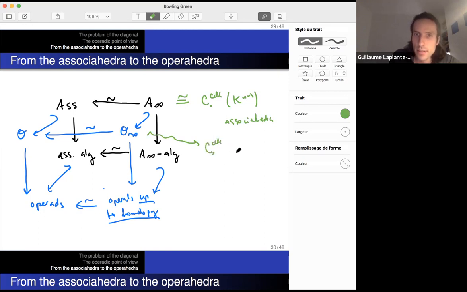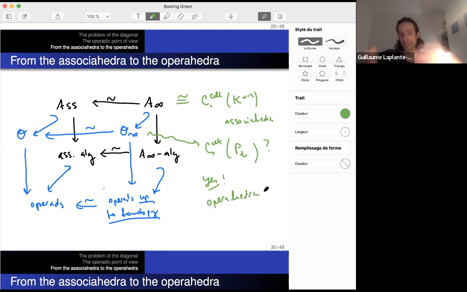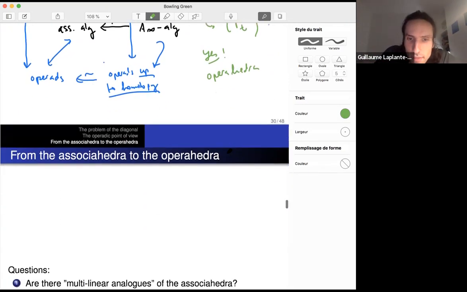Is this the cellular chains on some family of polytopes that generalize the associahedra? And the answer is yes. I call them operahedra because, you see, you had associative algebras, then you have operads, and then associahedra, operahedra.